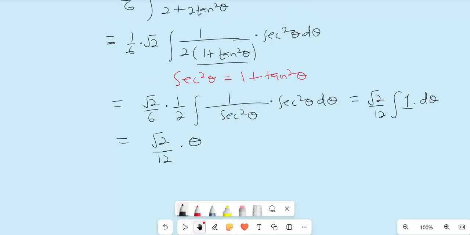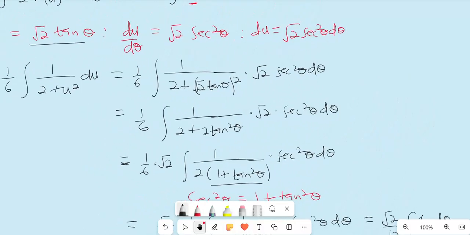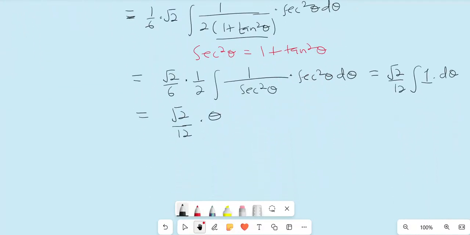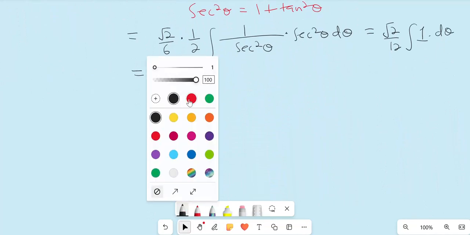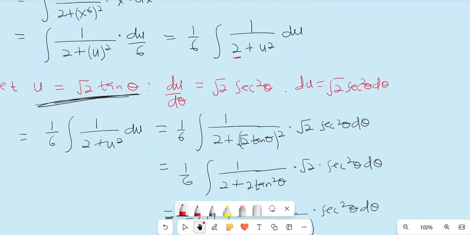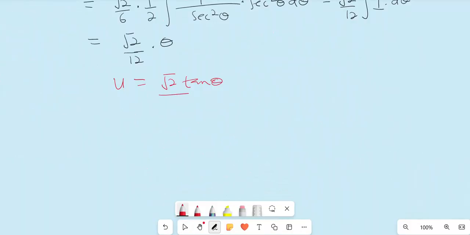I have to move from the theta world back into the u world. u is equal to square root of 2 tan of theta. Let me be sure. Yep. So we can find theta here.